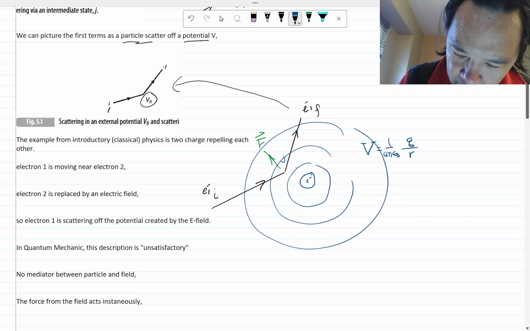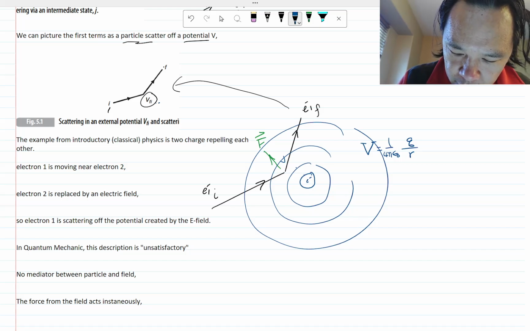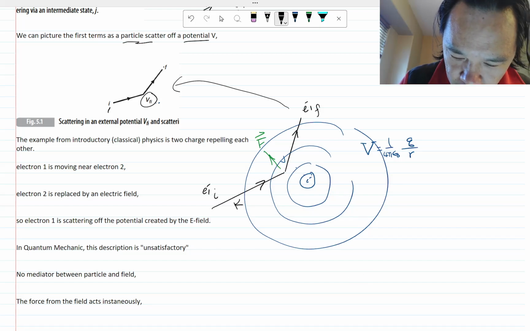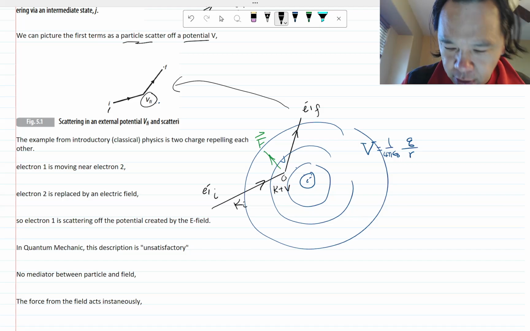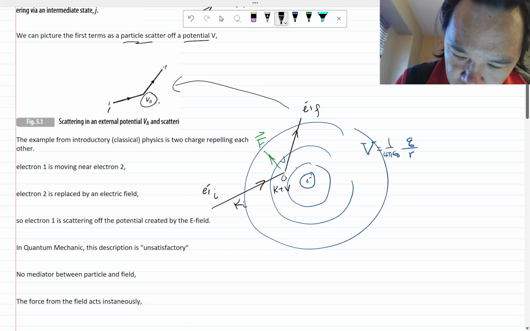And then this potential, so we're getting closer to this, is by applying conservation of energy. There's some energy being converted. It has some kinetic energy initially, and then at this point it has both kinetic energy plus potential energy, and then the outgoing particle has all kinetic energy.